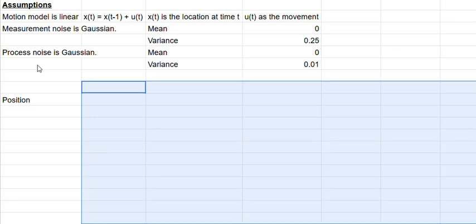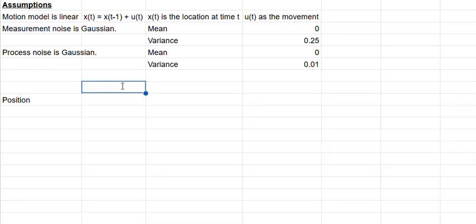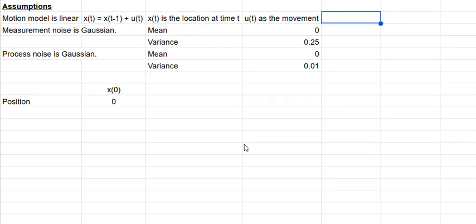Here, let's say I want to know at time t equal to 0, that is my initial position, where I'm pretty sure its value is going to be 0. The unit of x is meters.